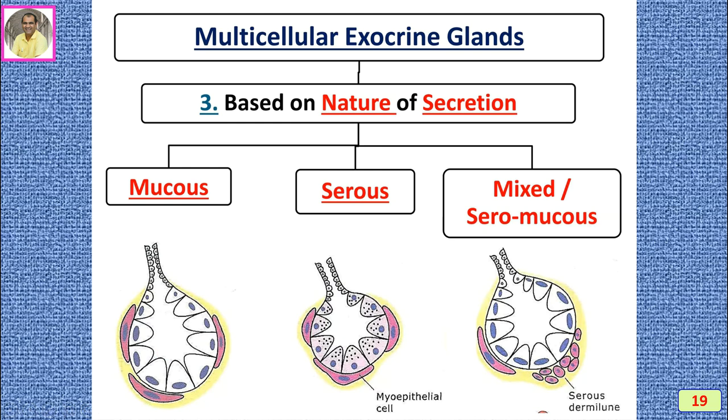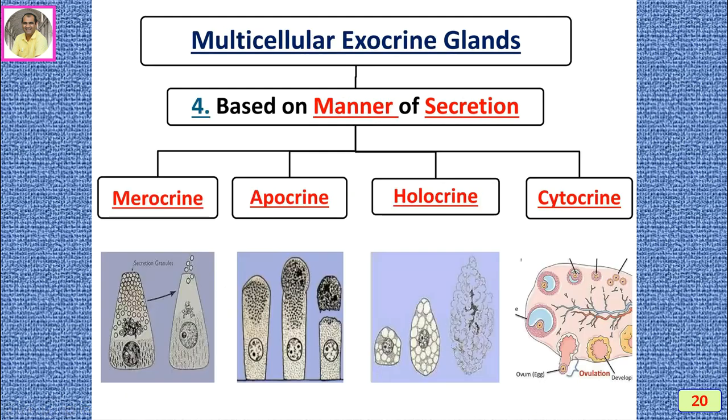For example, certain glands of the intestine secrete only mucus, whereas serous glands produce the serous type of secretion, and some glands are seromucous, meaning serous or mucus types of glands are there.